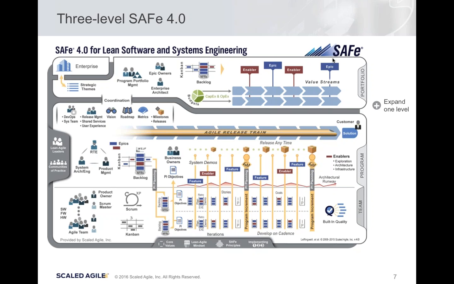If we have 5, 6, 7 teams, 50 or more people working together on the same solution, we need some more guidance to get alignment and to synchronize the teams for maximal value delivery. So that's the second level. That's the heartbeat, the Agile Release Train, which is a team of agile teams working on the same solution.